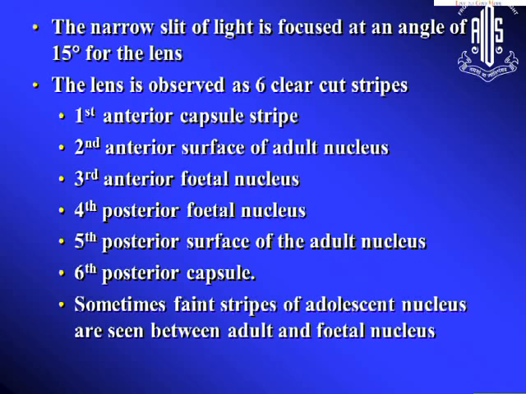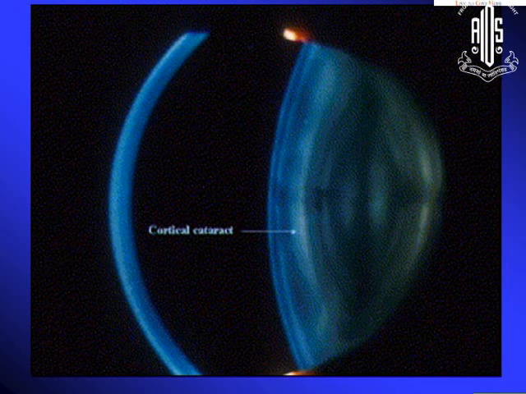If you have to see the same thing for the lens, the angle is a little smaller, approximately 15 degrees, and here again you can have different portions in the optical sections. You will get the anterior capsule, the anterior portion of the adult nucleus, the posterior part of the adult nucleus, and in between you will get the fetal nucleus, anterior and posterior.